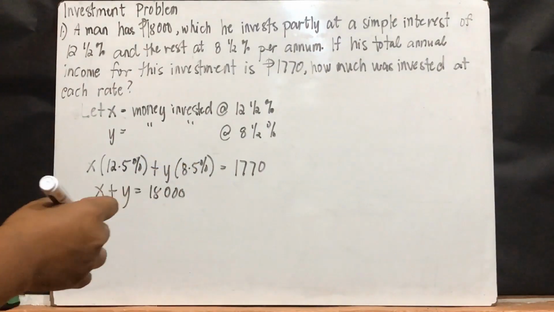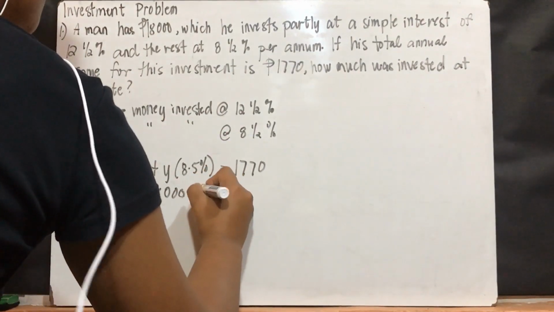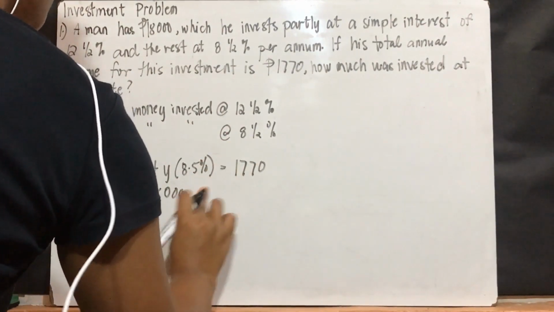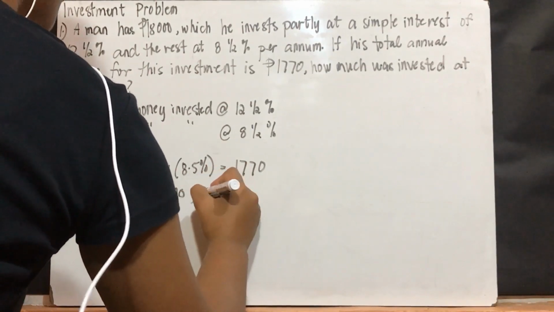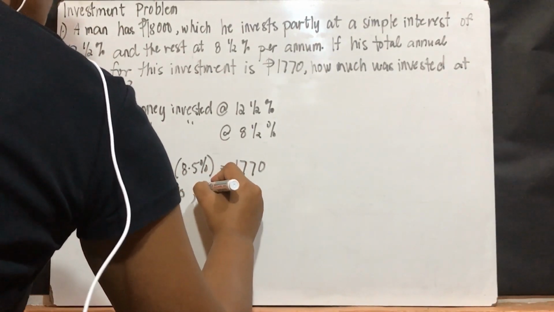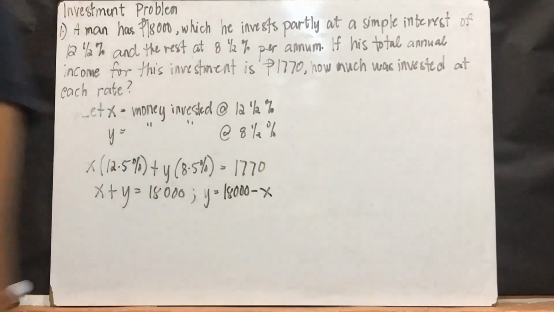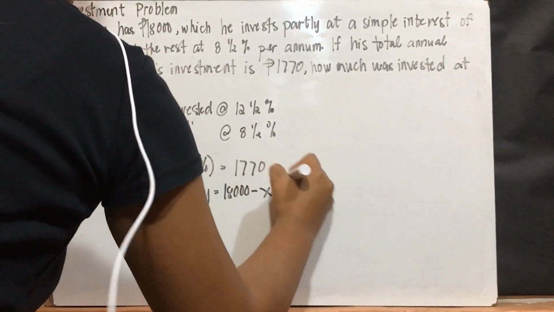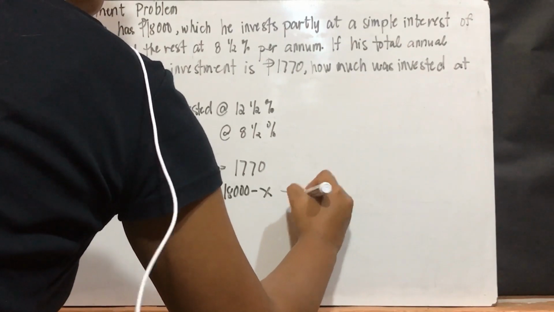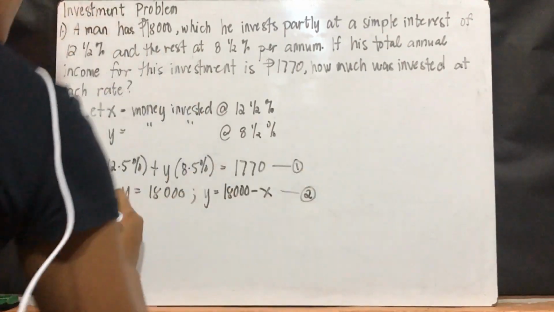So, we can rewrite this into Y is equal to 18,000 minus X. So, this will be equation number 2 and this is equation number 1.